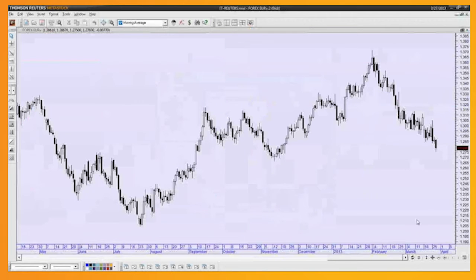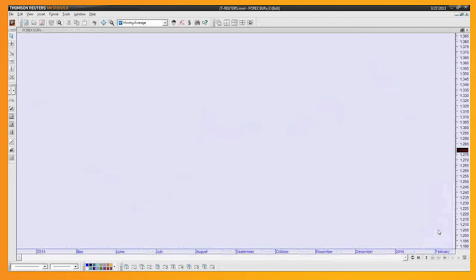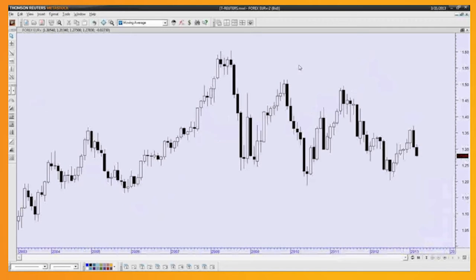As you can see here, you can easily change the time frame from daily to weekly to monthly. If we are checking the euro, then if we are using the monthly, let's say, we can go back as much as we want just to check what is going on, right?